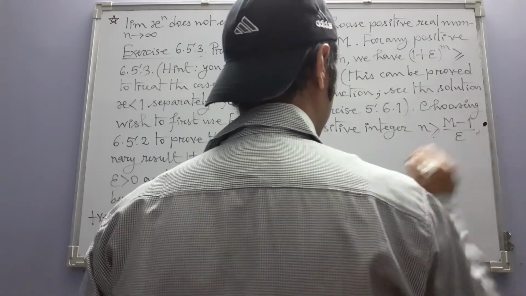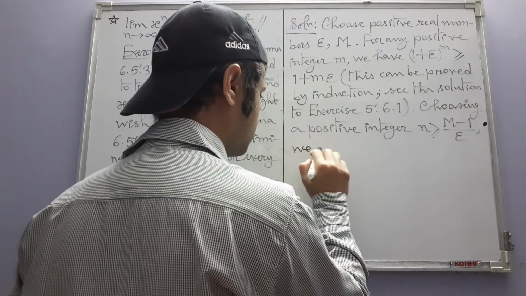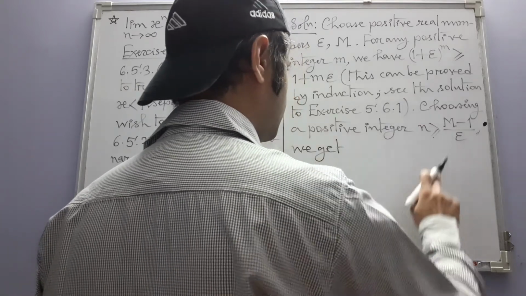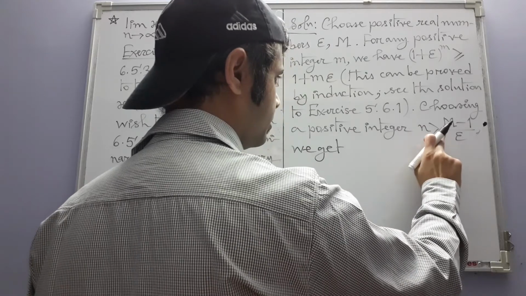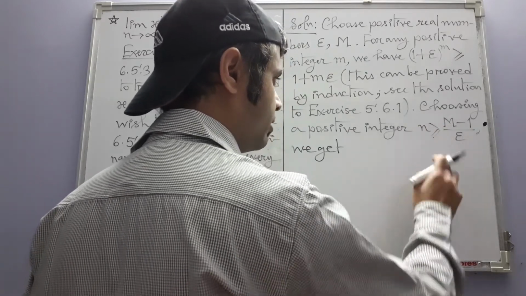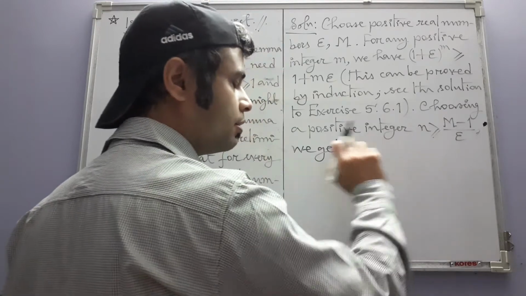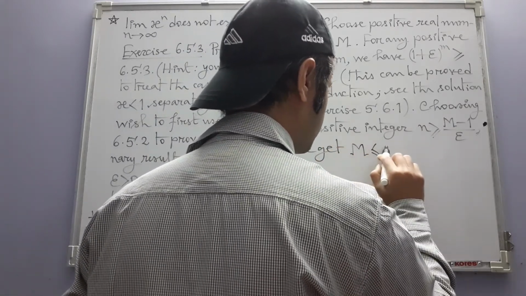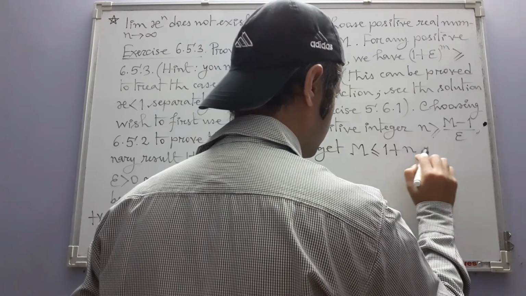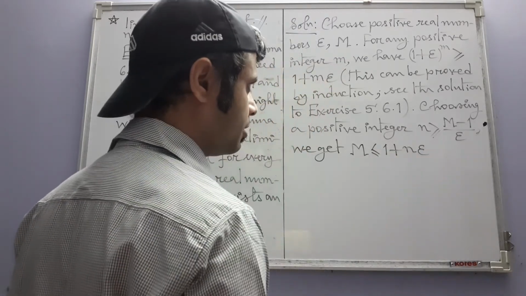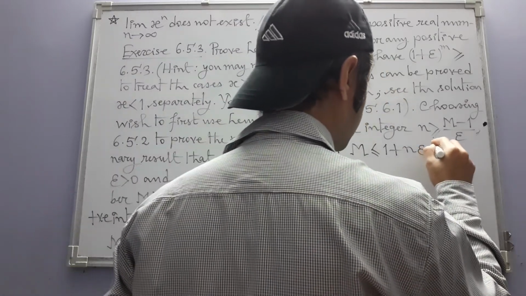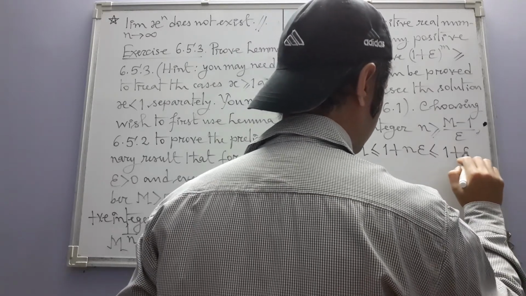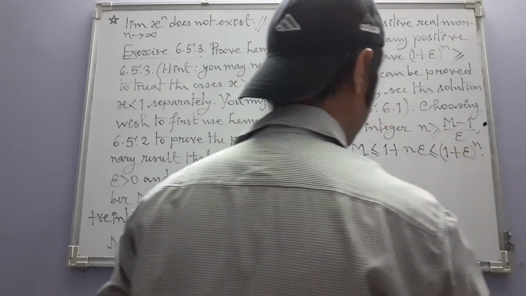We get, so you will see that from this it follows that m is less than or equal to n epsilon plus 1, or we can also write that as 1 plus n epsilon, and by this inequality we then have that it is less than or equal to 1 plus epsilon whole to the power n.